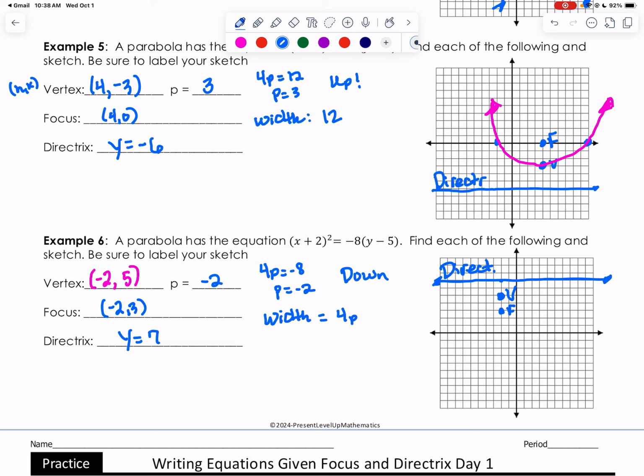And in this problem, they told us 4p was -8, or just 8 units. So I'm going to go 4, 1, 2, 3, 4, 1, 2, 3, 4. So now we know the width. And here's our sketch. And that concludes today's lesson, writing the equations of quadratic functions given the focus and directrix, day 1.